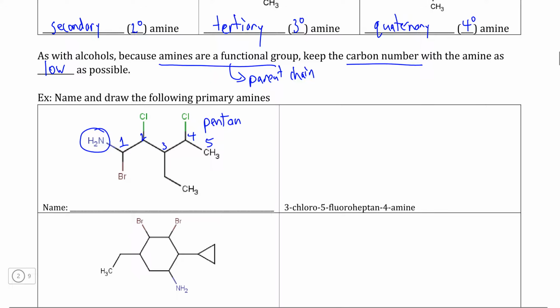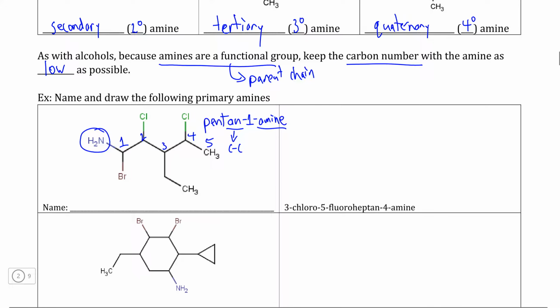There are only single carbon-to-carbon bonds, meaning that the basis is pentane. And because the amine is located on carbon 1, but theoretically could be on any of these carbons here, we add the location number 1 before the suffix amine to indicate that our parent chain is defined by the amine functional group.